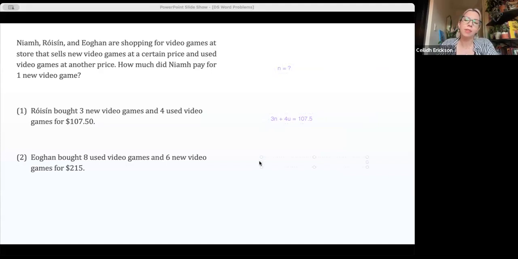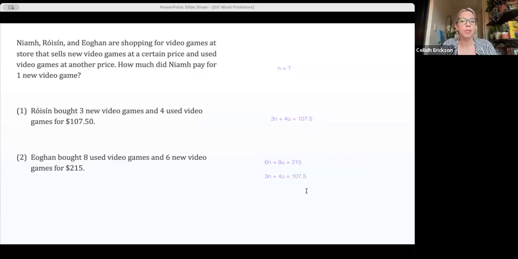But when we get to the other equation, if we rearrange it, 6n plus 8u equals 215, that's starting to look kind of familiar. What if we divide through by 2? Then we get 3n plus 4u equals 107.5. These were actually the same equation.